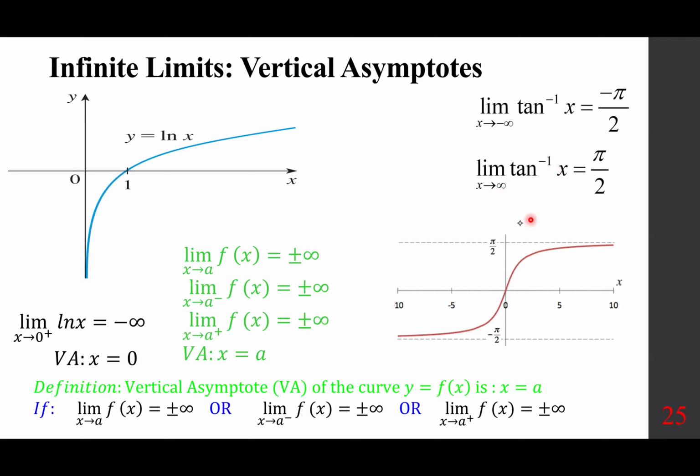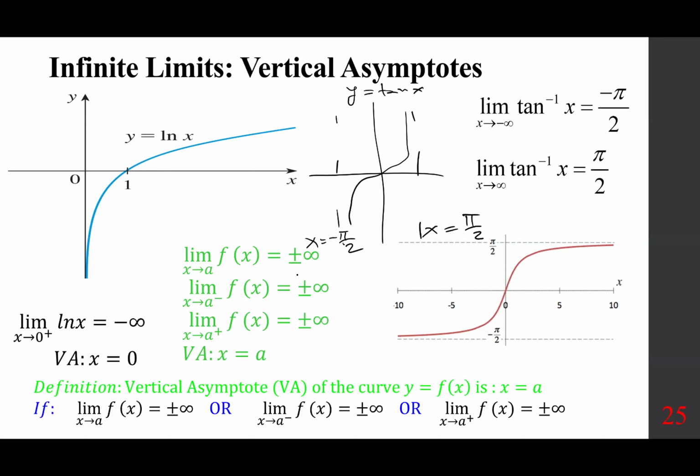This is the tan inverse, and again, you probably remember y equals tan x looks like this. It looks almost like y equals x cubed, and of course these are the vertical asymptotes, x equals minus pi over 2 and x equals pi over 2.